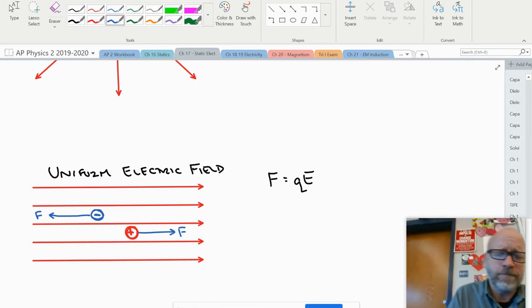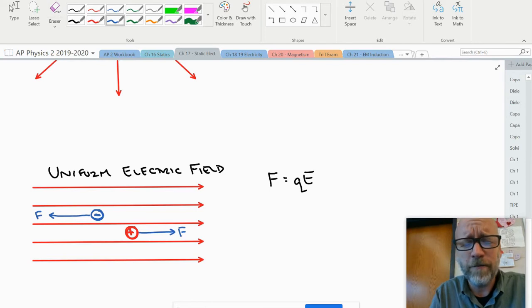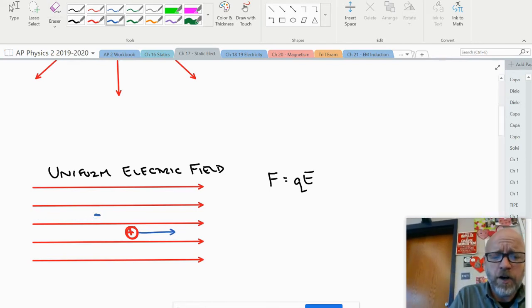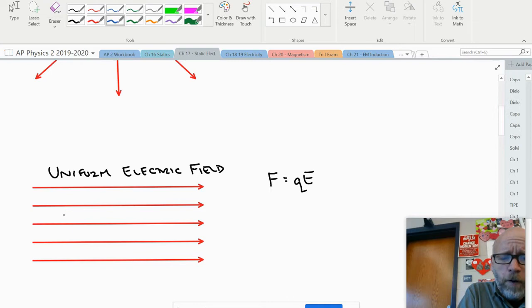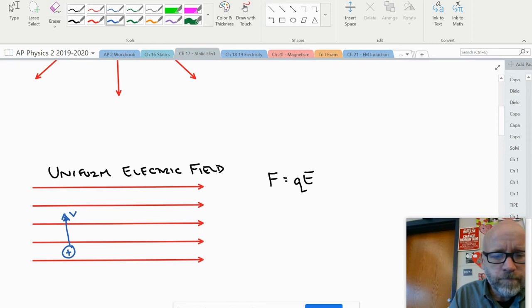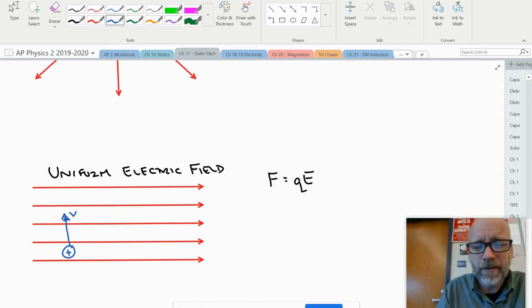Let me ask you this though, since I could feel your overconfidence through the screen right now. If I had a charge that was already moving, let's pretend I had a positive charge moving upwards through this with a velocity V. Velocity V, not voltage. What would the path of that charge look like?